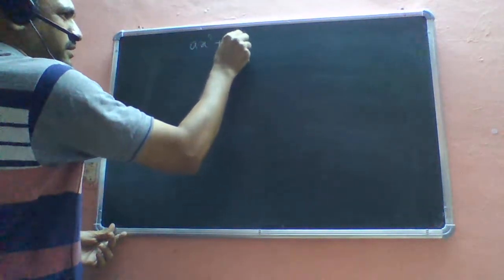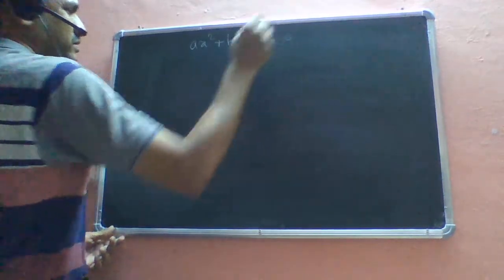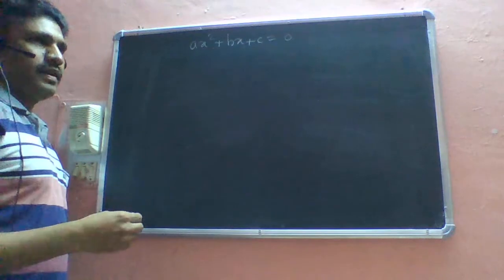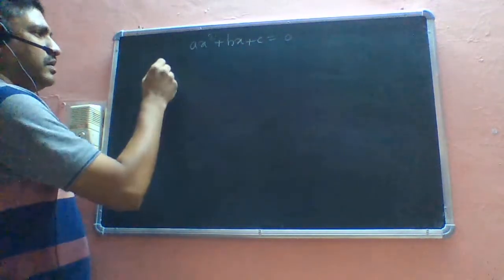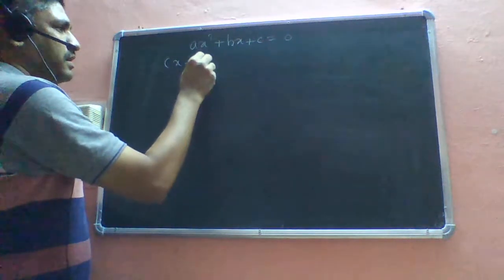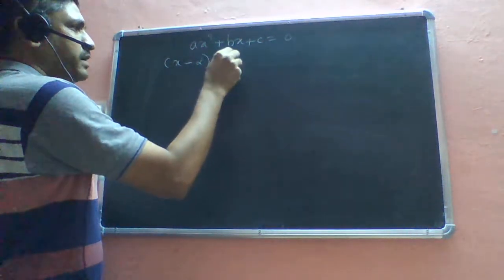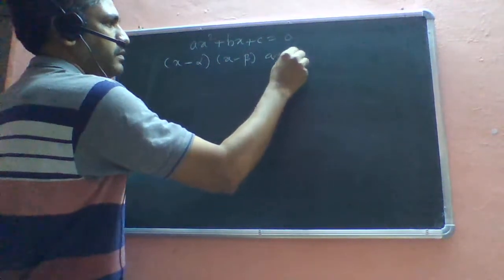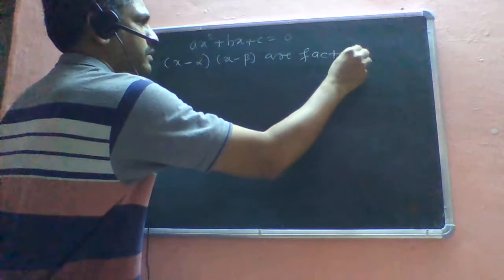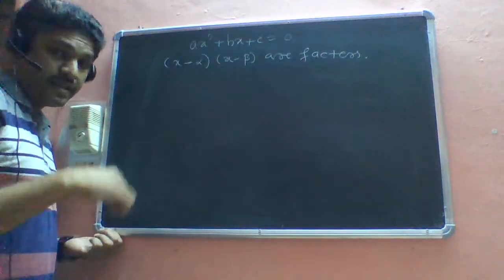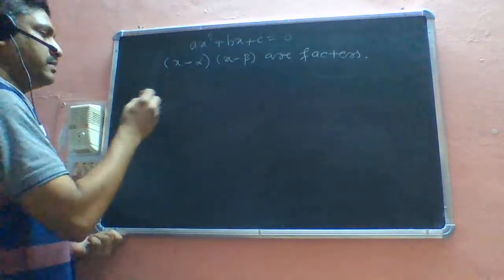Let us write down ax square plus bx plus c equal to 0, the standard form. And we know by the factor theorem that when a quadratic polynomial is given and alpha and beta are two zeros, then x minus alpha and x minus beta are the factors of this polynomial.